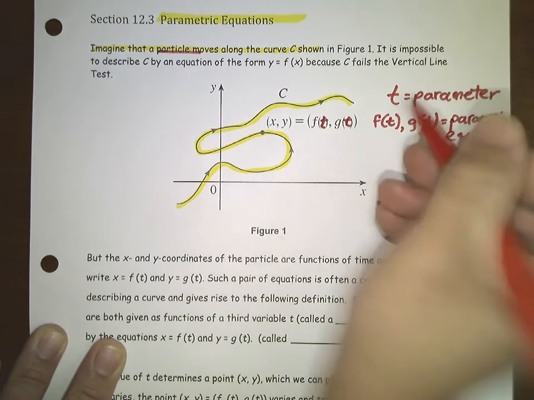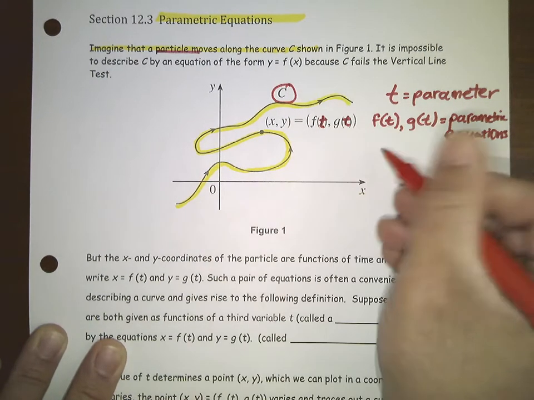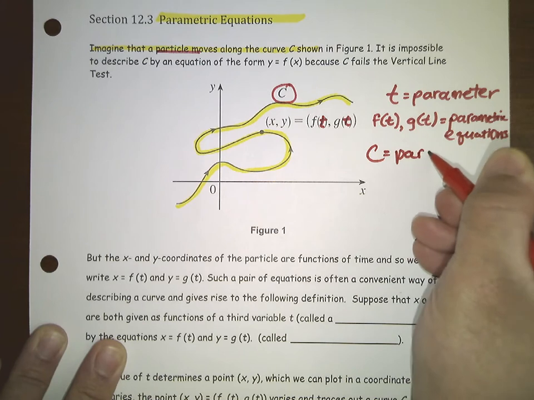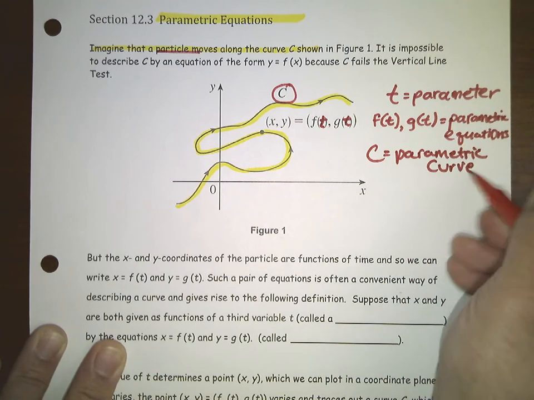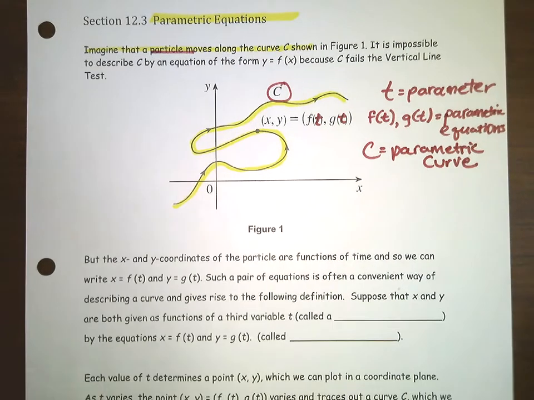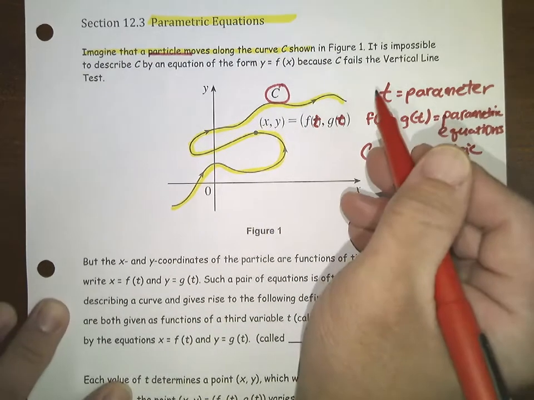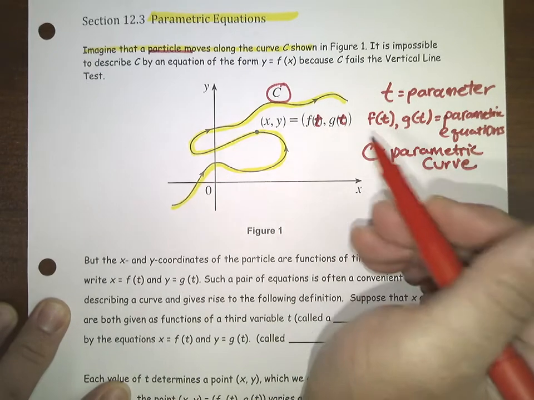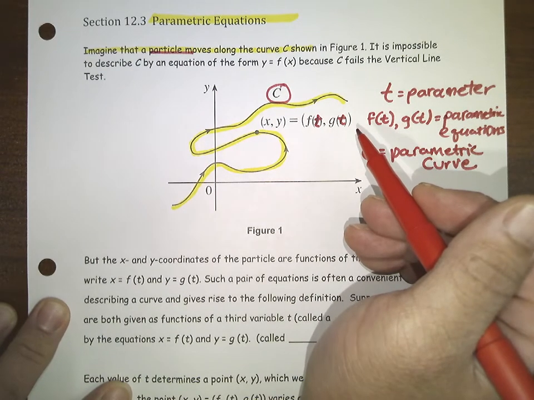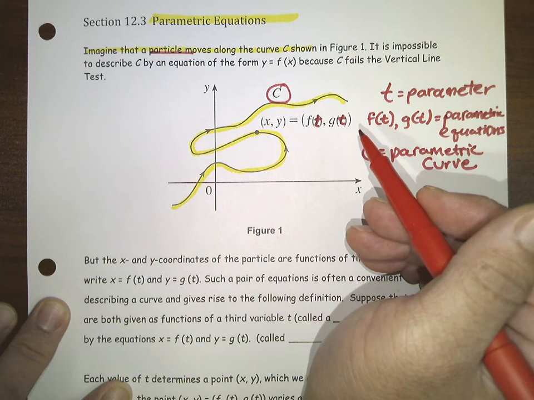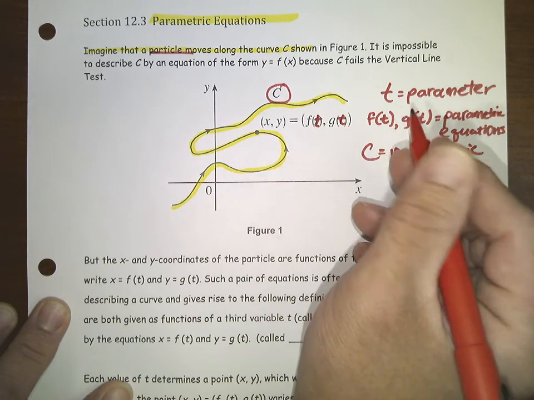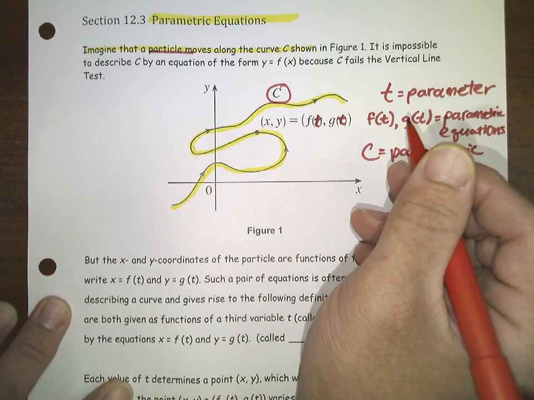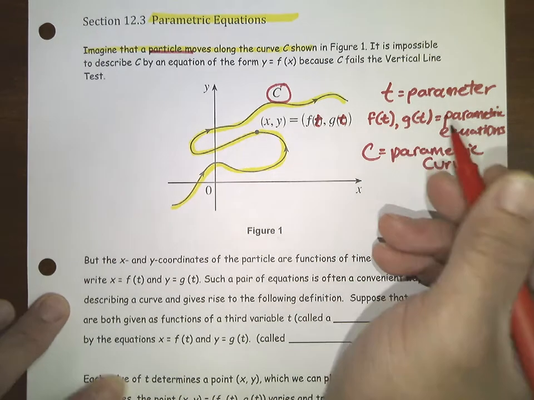The curve C itself is called a parametric curve. Why are these functions of t? It's t as a generic third variable, but usually the functions are a function of time, so that's why t is usually the default variable name.